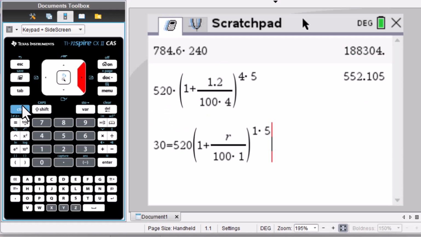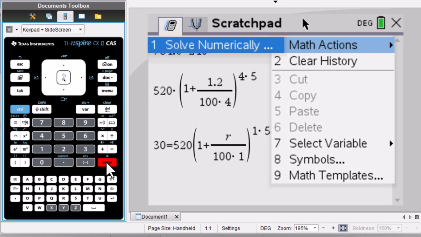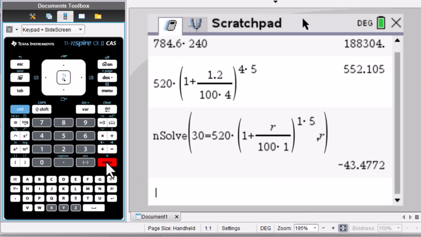Let's go to calculator. Then we go to control menu. We want to solve this by equation solver. Enter, enter, enter. We got a negative answer. Remember, depreciation rate is negative.